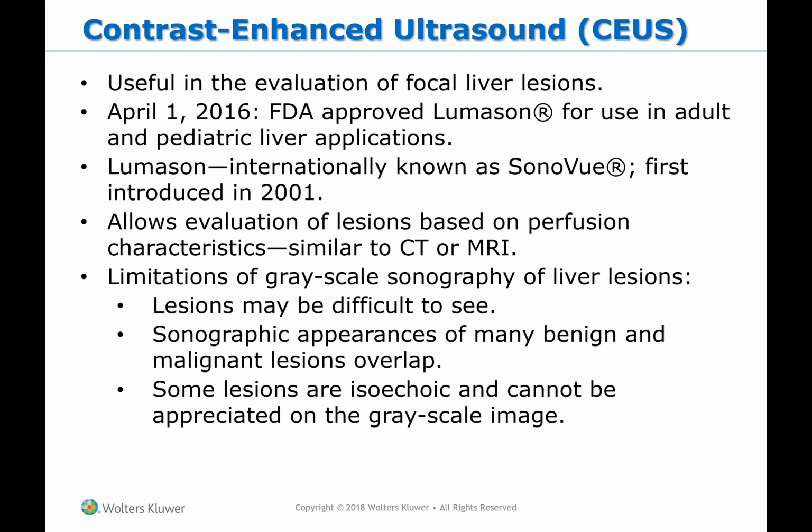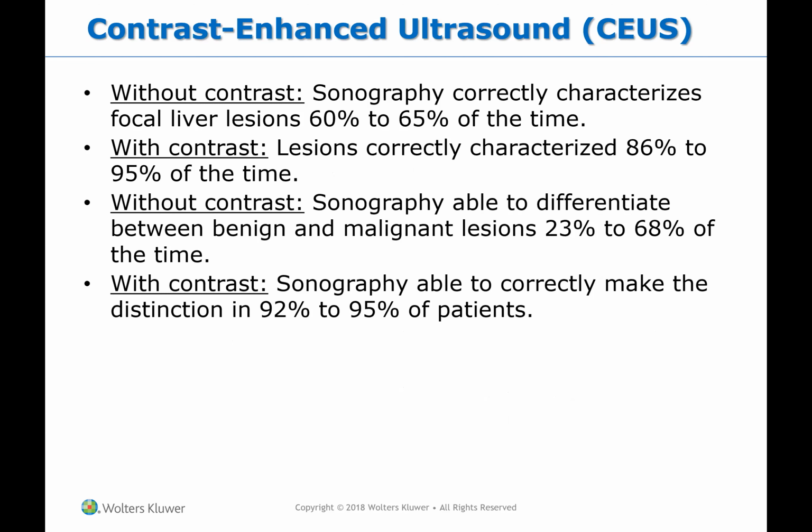Contrast enhanced ultrasound is useful in evaluating focal liver lesions. Without contrast, sonography correctly characterizes focal liver lesions about 60 to 65%. With contrast, 86 to 95%. Without contrast, sonography is able to differentiate between benign and malignant lesions 23 to 68%.